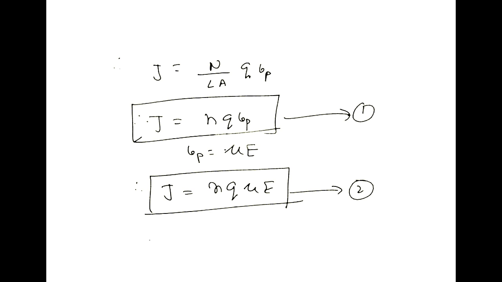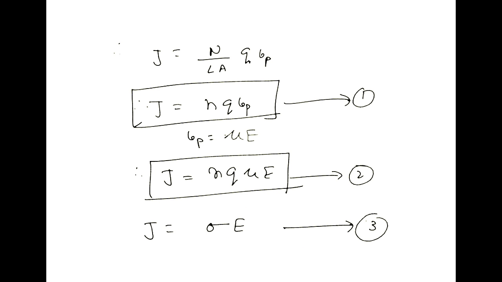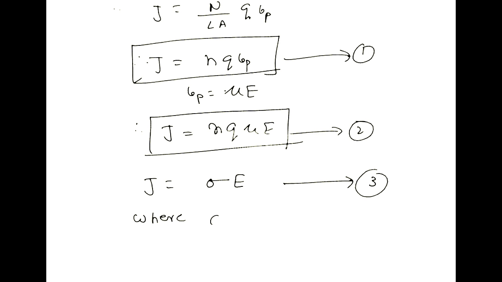This is also expressed as J is equal to sigma E, where sigma is equal to n q mu.